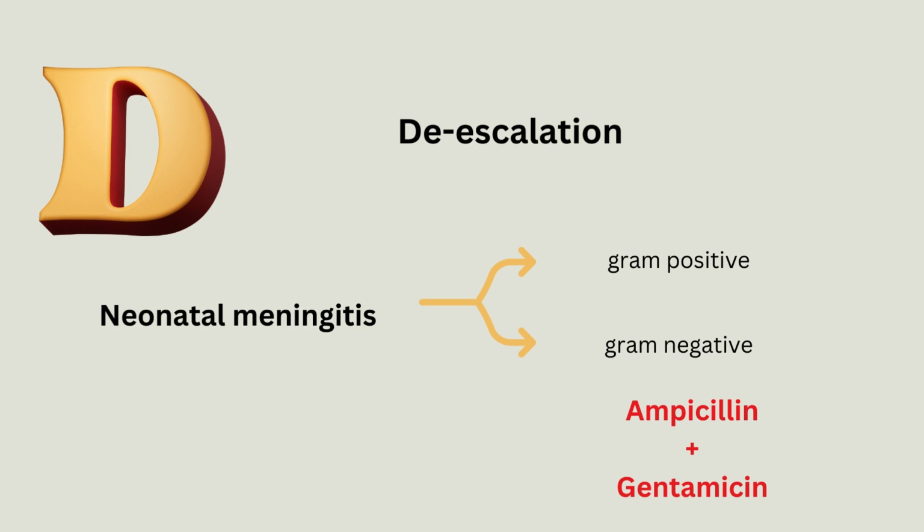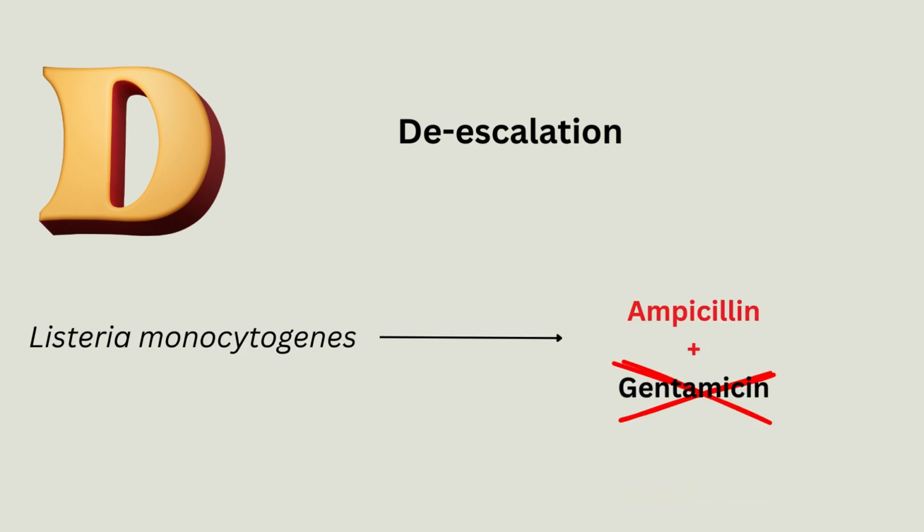However, after receiving the culture and antibiotic susceptibility testing results, the treatment should be adjusted based on the identified pathogen and its sensitivity profile. For example, if Listeria monocytogenes is identified and shown to be sensitive to ampicillin, gentamicin can be discontinued and treatment can continue with ampicillin alone.